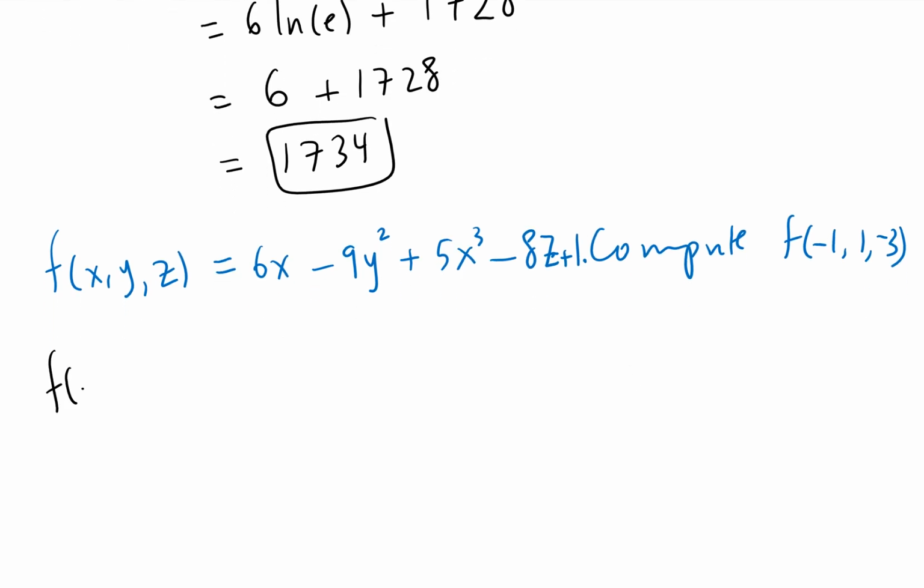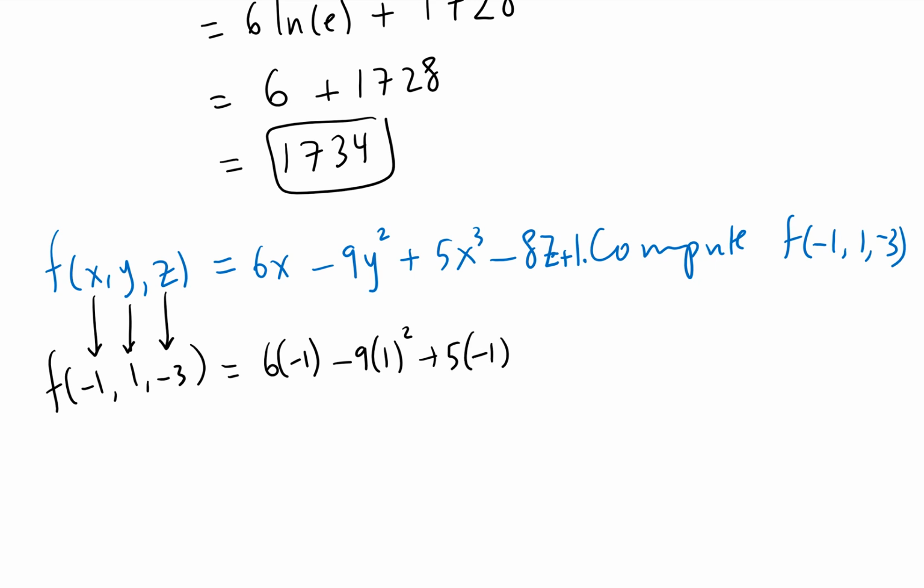We find that by replacing x with -1, y with 1, and z with -3. 6 times -1, minus 9 times 1 squared, plus 5 times x cubed with x being -1, minus 8 times z with z being -3, plus 1.